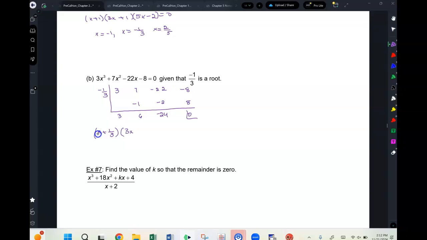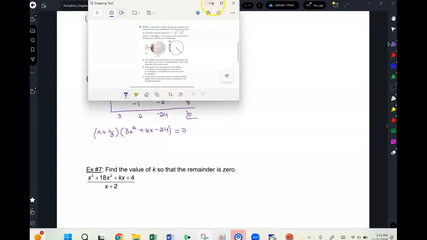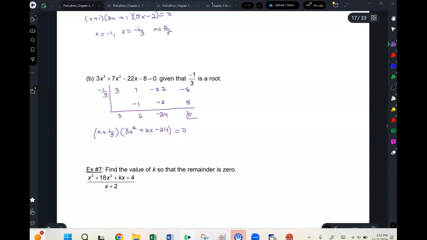Here I have 3x squared plus 6x minus 24 equals 0. We would actually move this up. We would actually formally write this as 3x plus 1. Now, from here, I can factor out a 3. I'm just going to write it at the front here. So x squared plus 2x minus 8 equal to 0.